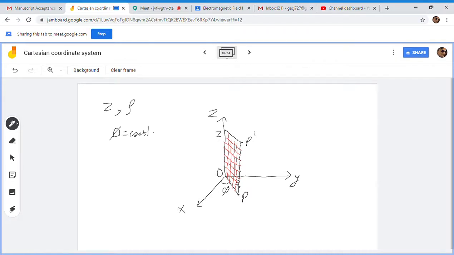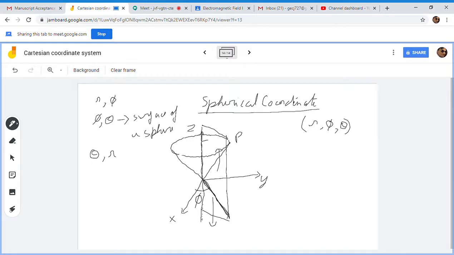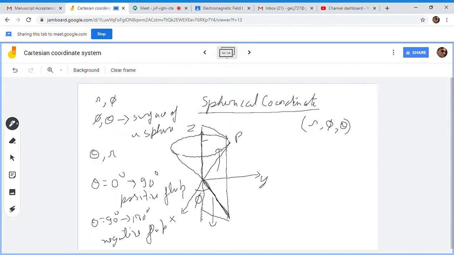For the positive flap, your theta will be equal to 0 degree to 90 degree, and for theta equal to 90 degree to 180 degree, it will be the negative flap. I expect that now it will be easier for you to see things in these three coordinate systems.